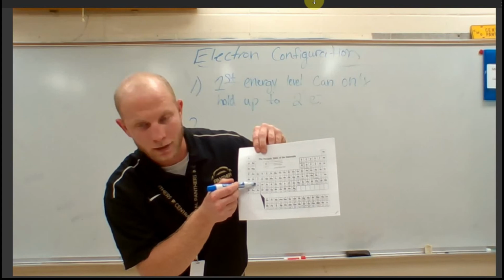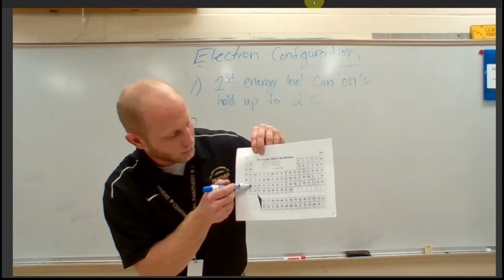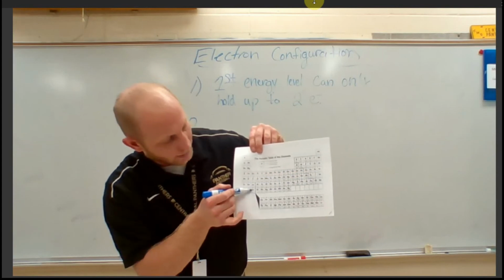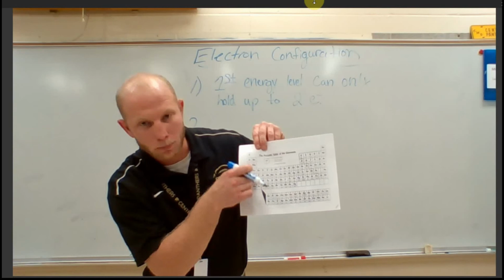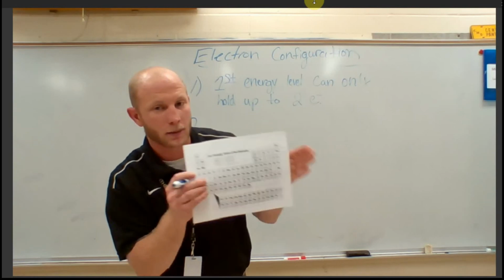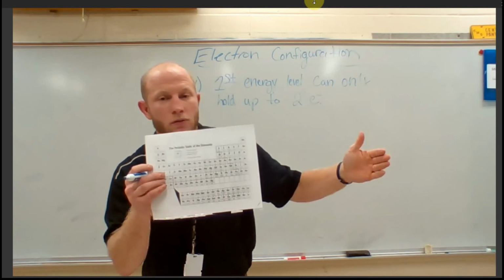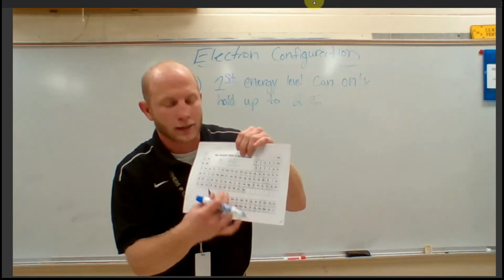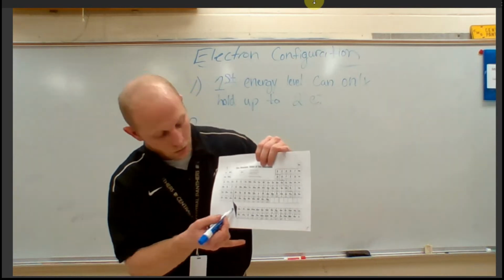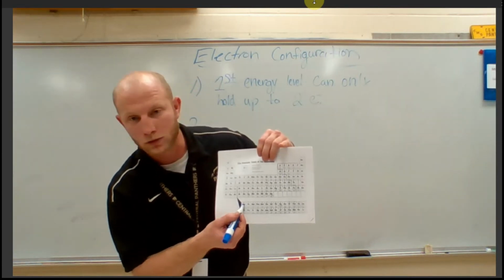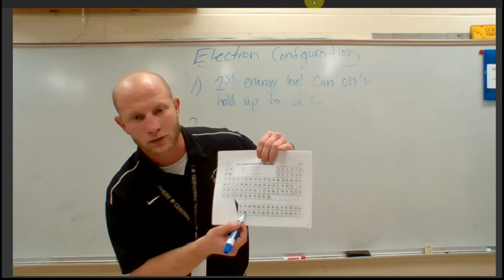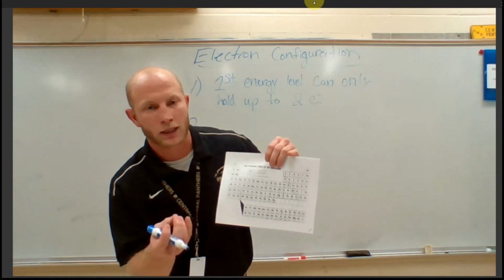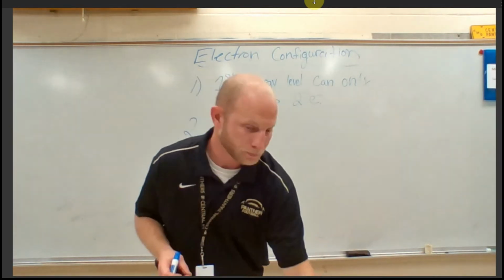The lanthanum is 57, which is right here. Actinium is right here. And the reason why we pull this down here is because this periodic table would then grow to be this long, and it'd be really hard to put all of that stuff on one page. So they take the lanthanide and actinide series and they just pull it down here. So actually, the lanthanide series is row 6. The actinide series is row 7. We just pull it out to make it easier for us to see it on a piece of paper.